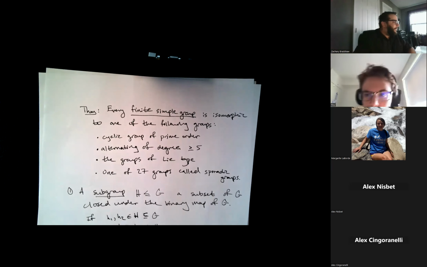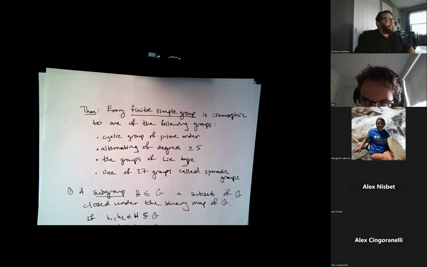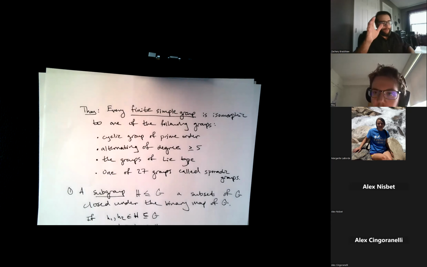And if you have a simple group of order 6, it may or may not exist. If it is a simple group of order 6, it's not going to be a cyclic group, because the cyclic groups that are simple have prime order. Earlier I was considering just a group of order 6, not a simple group. I don't know enough about this topic to tell you exactly which group it would be if it exists.